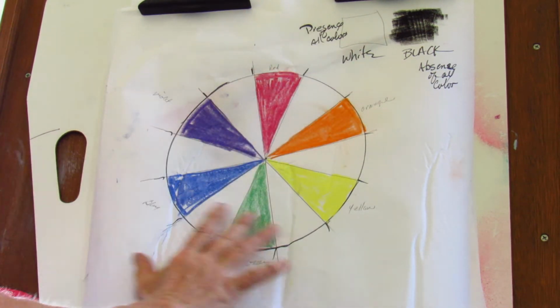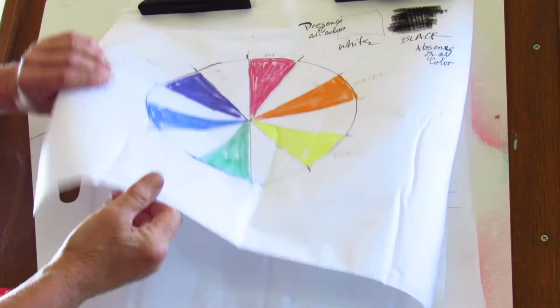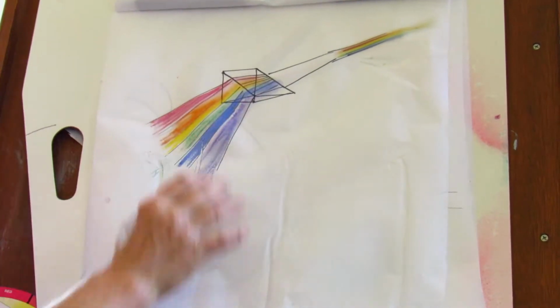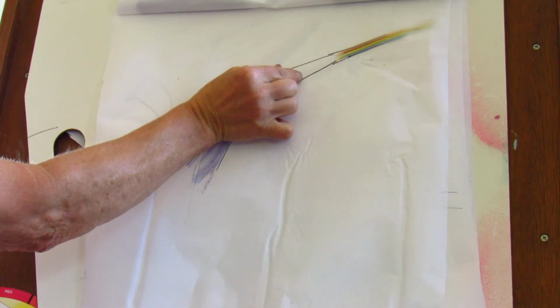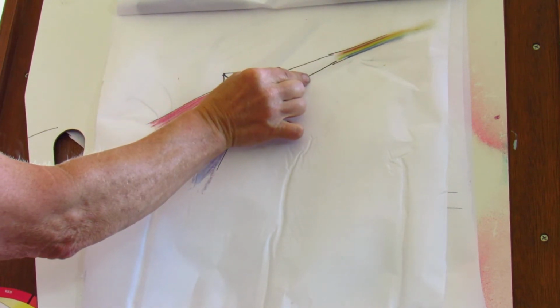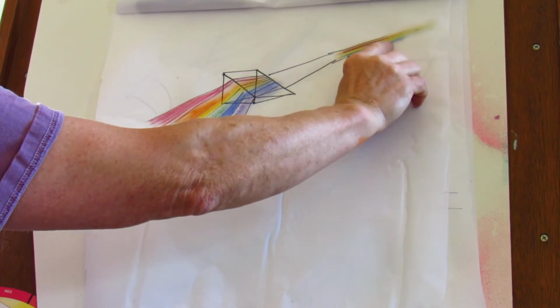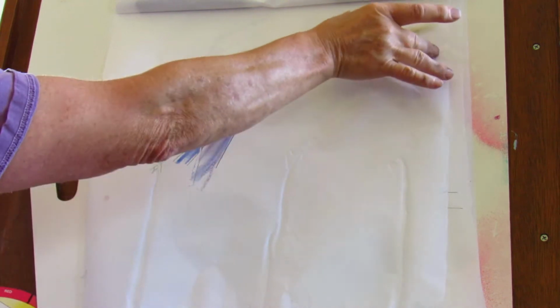So when we say white is the presence of all color, what that means is that white light, which would be basic sunlight, would be white light. This is a ray of white light. White light is made up of your three basic primary colors and your three basic secondary colors in equal parts.